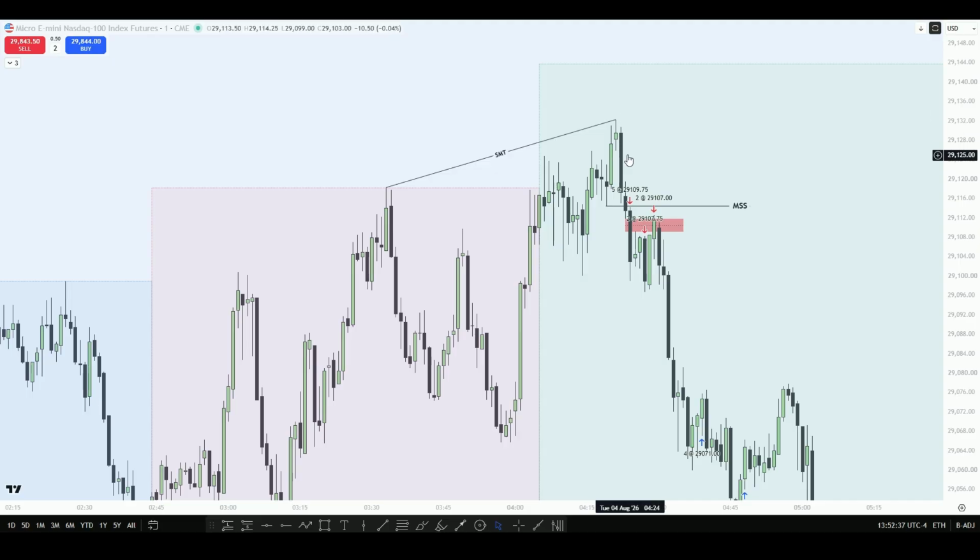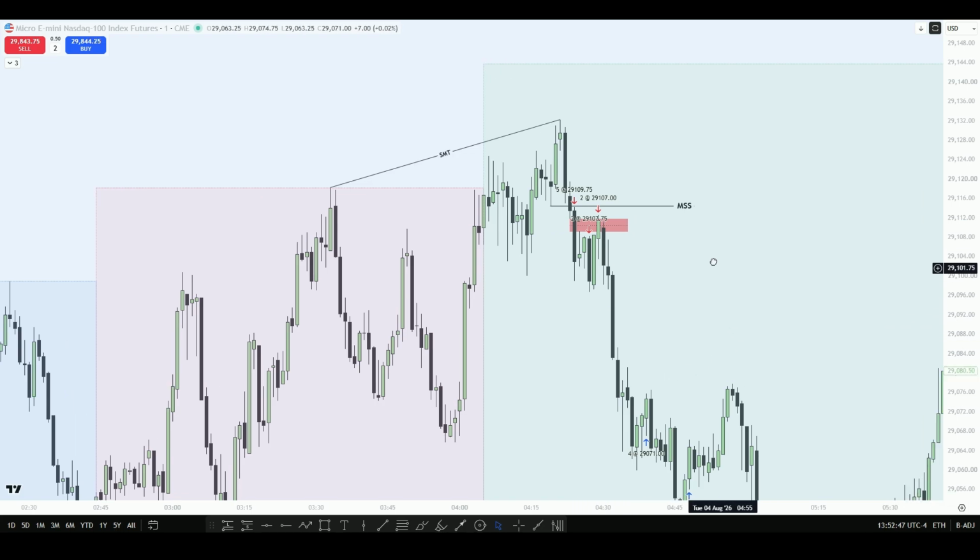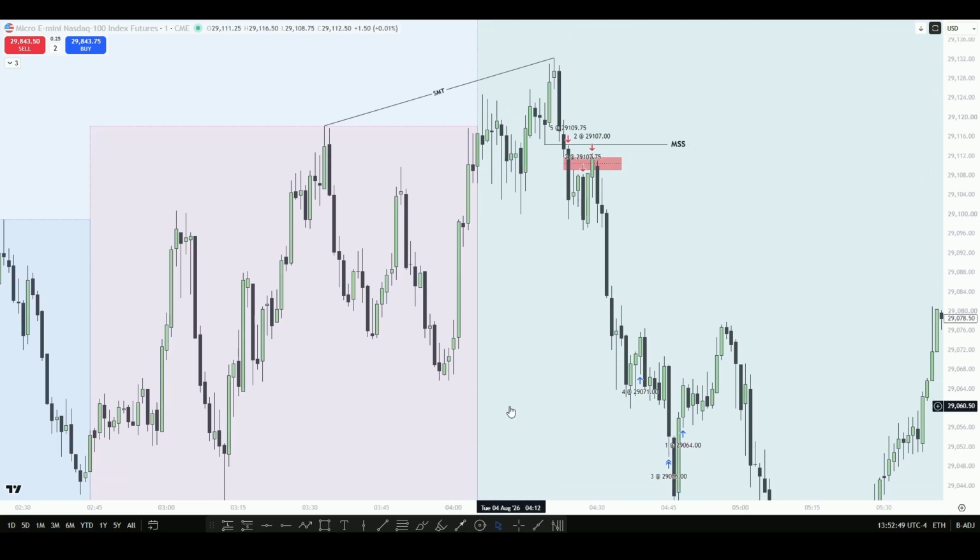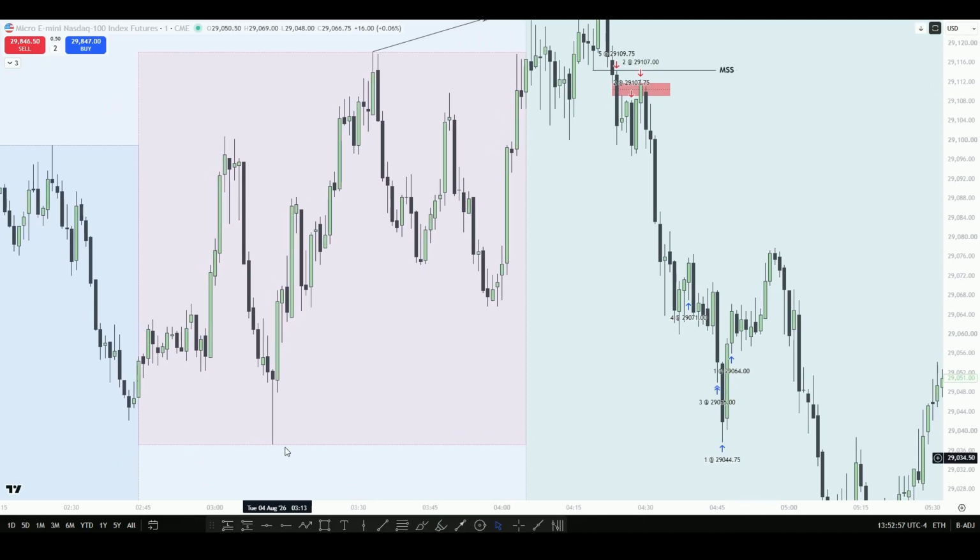I very quickly moved my stop loss above the breaker because I saw that this is a good setup and price will likely move with speed to my target. And then of course we have here relative equal lows that I was targeting initially, and then ultimately I was targeting the low of the manipulation cycle here.